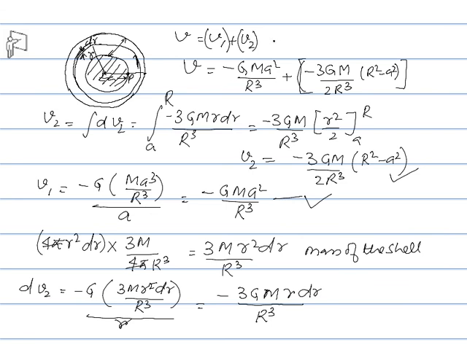So by summing up we get this value as minus G m by 2 r cube, 3 r square minus a square. This is the gravitational potential at a point inside the solid sphere, point P, which is situated at a distance a from the center of the solid sphere.